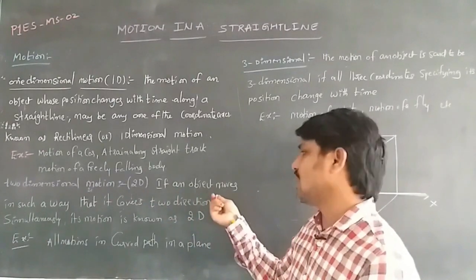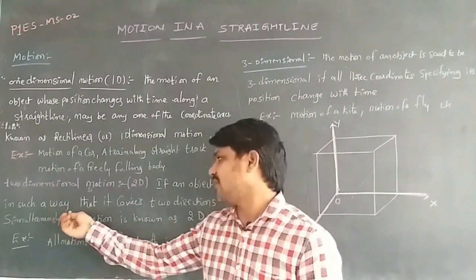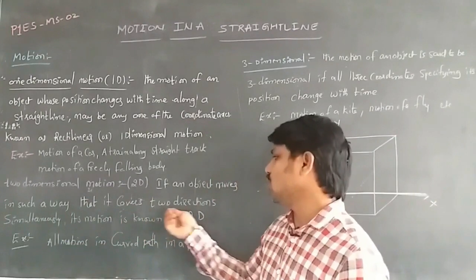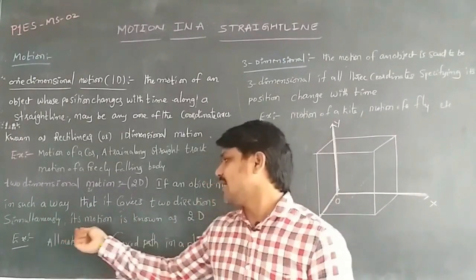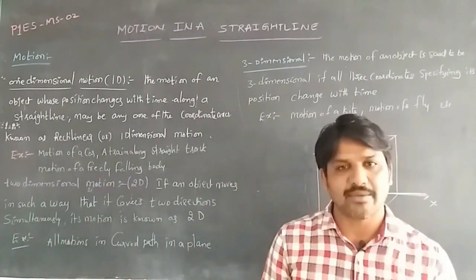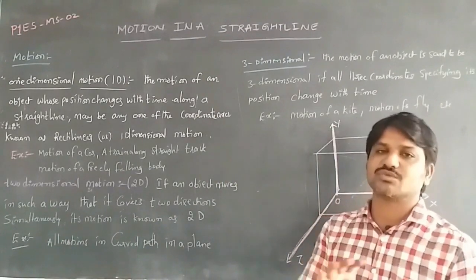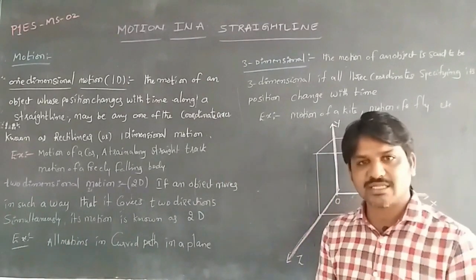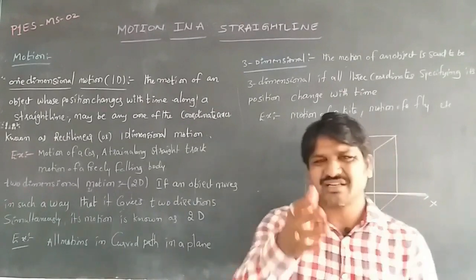If any object moves in such a way that it covers two directions simultaneously, its motion is known as two-dimensional motion.